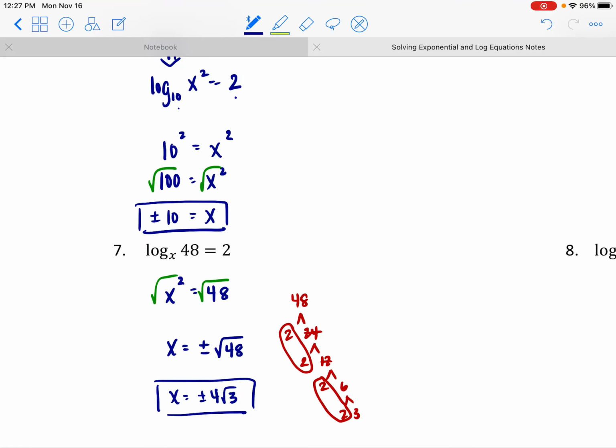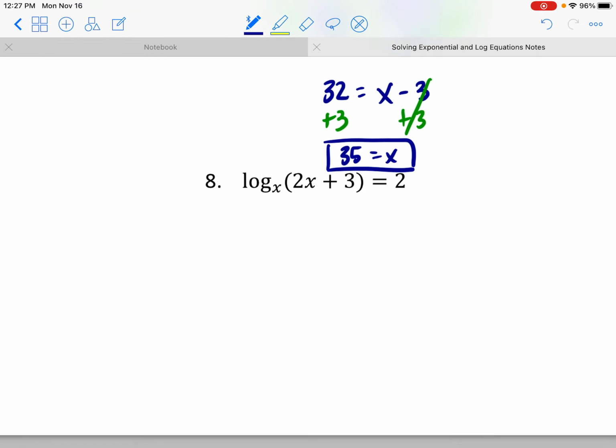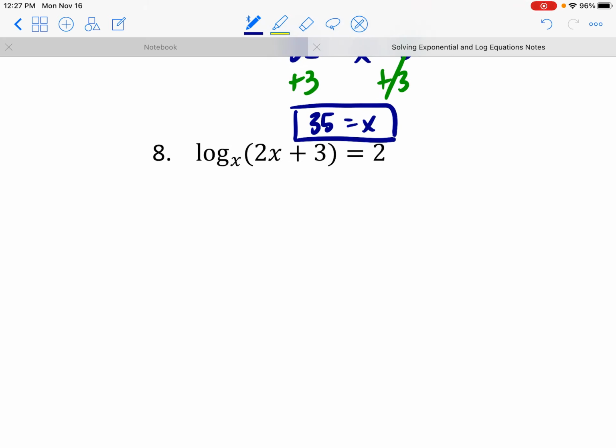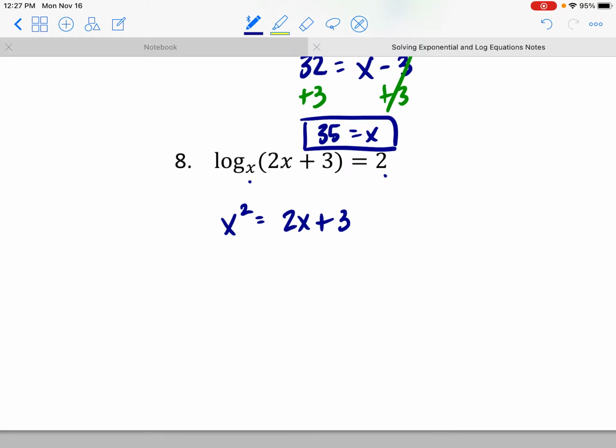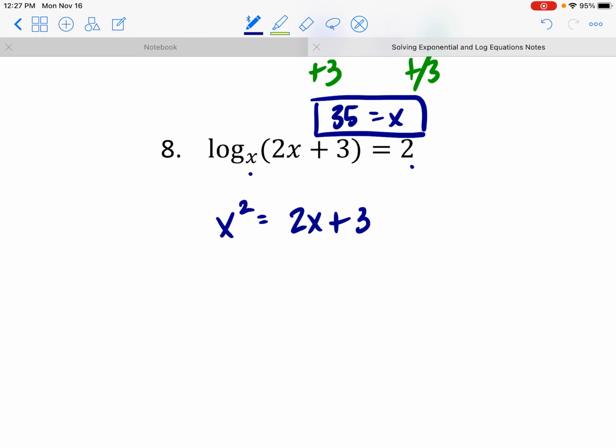Okay? And lastly, again, if you feel like this is something you can handle, give it a shot. Rewriting here becomes x squared equals the argument, which in this case is 2x plus 3. So another quadratic to solve, but I can't use the square root method like I did on the other one because I have two terms with variables here. So in this case, I'm going to subtract over the 2x and subtract over 3 to make it all equal to 0 and see if I can factor.